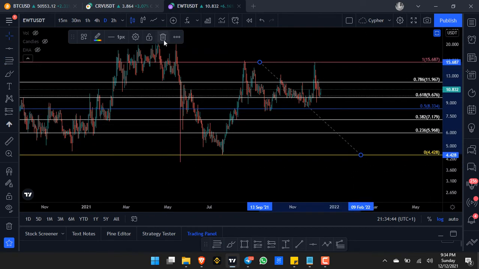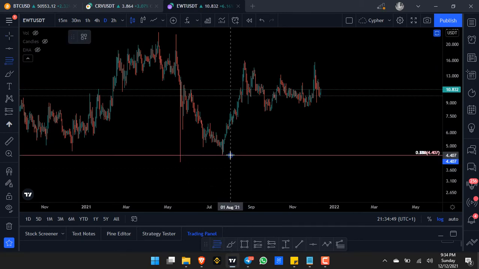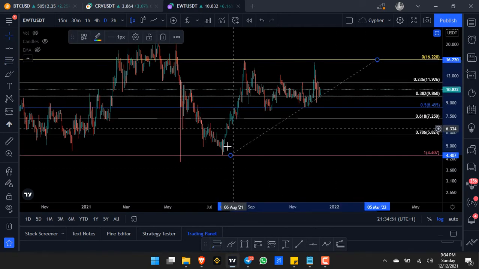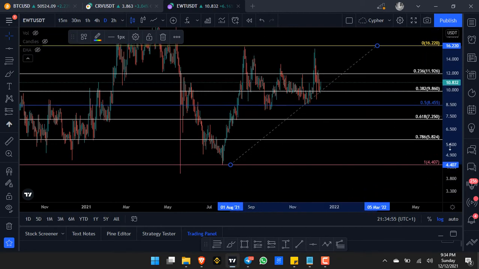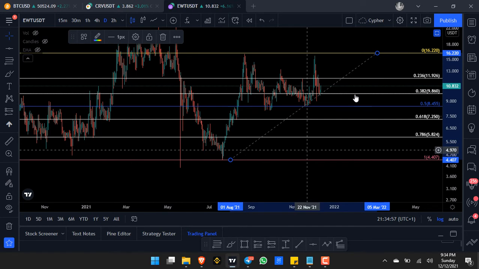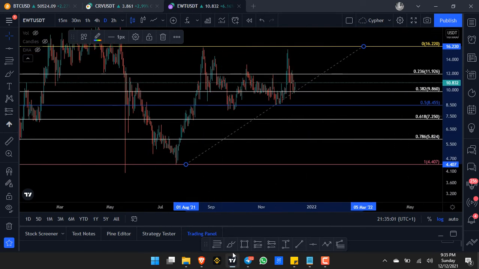But if the market is in an uptrend, you start your fib from the low to the high. We call it swing low to swing high, or swing high to swing low, right? That is what we call it. So you can see that by doing this, this has automatically plotted the support and resistance levels for you.